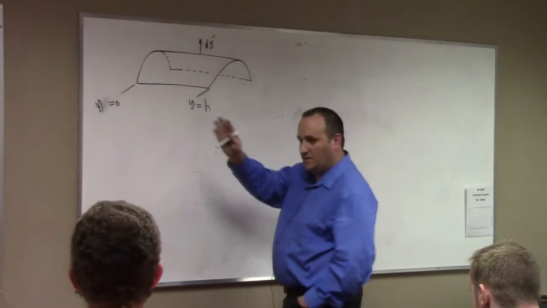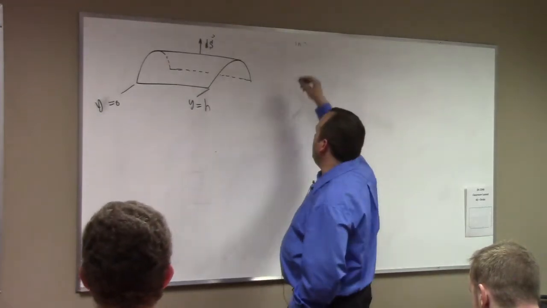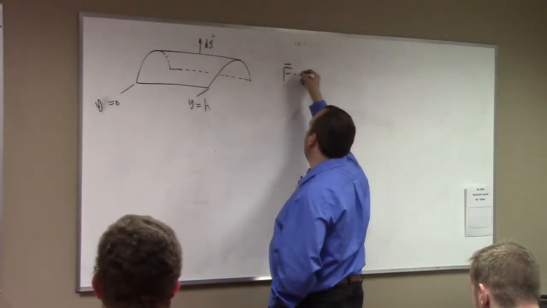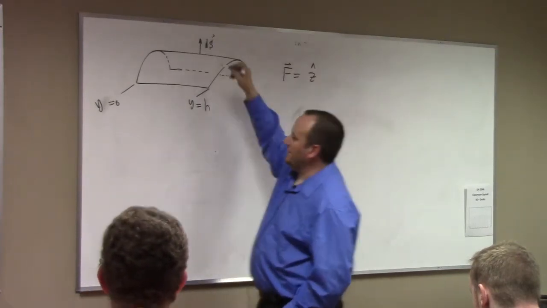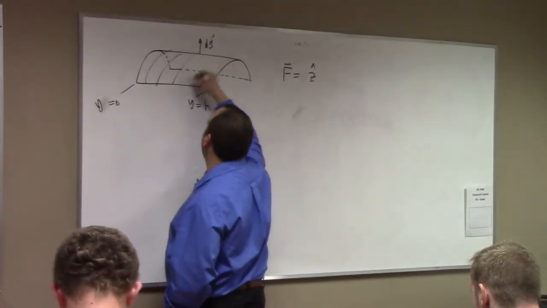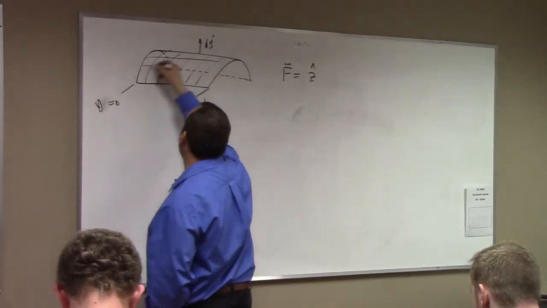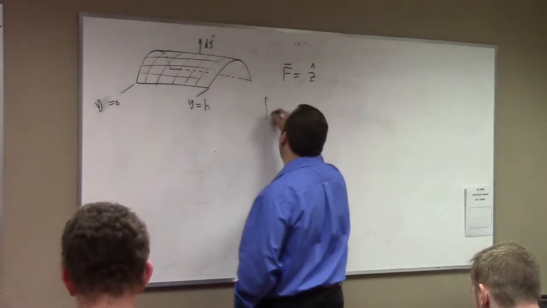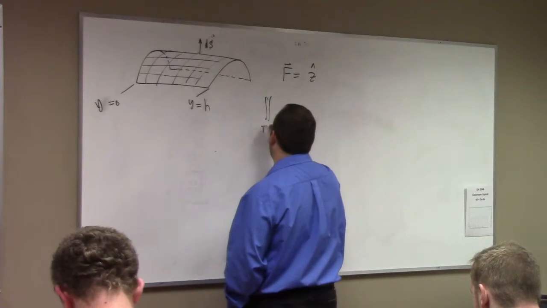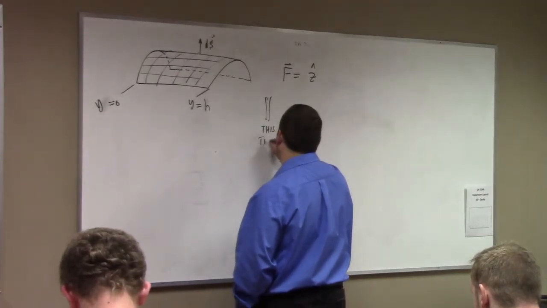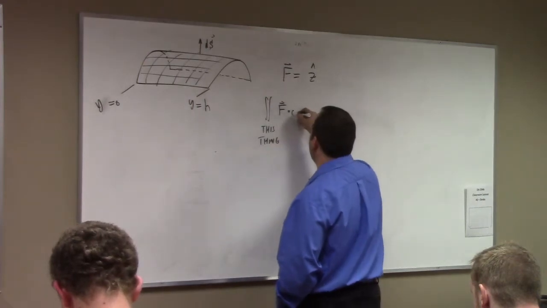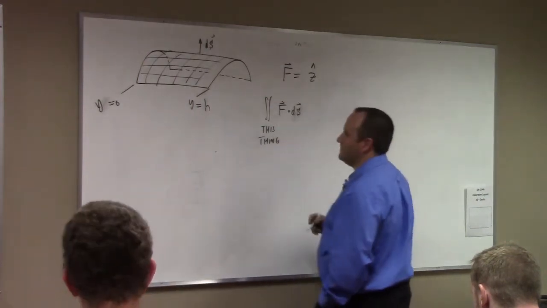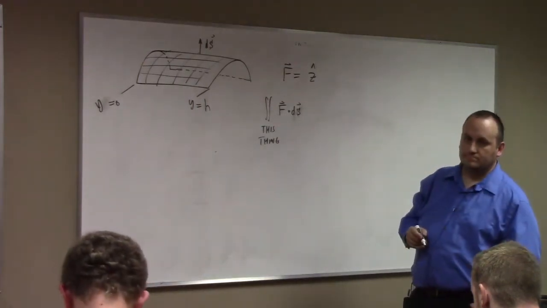So if you understand the intuition for this problem, if I gave you the vector field F equal to z hat, right, and said find the flux through this thing, could you tell me what it would be? Yes, exactly.